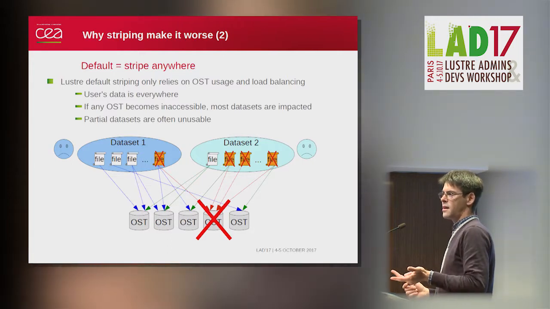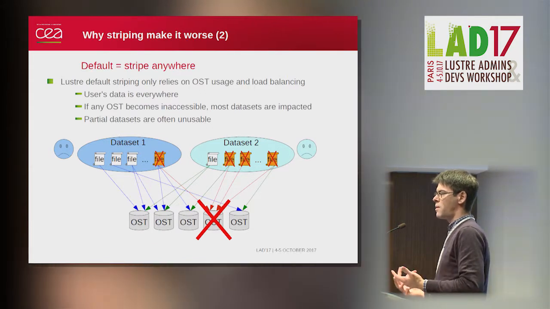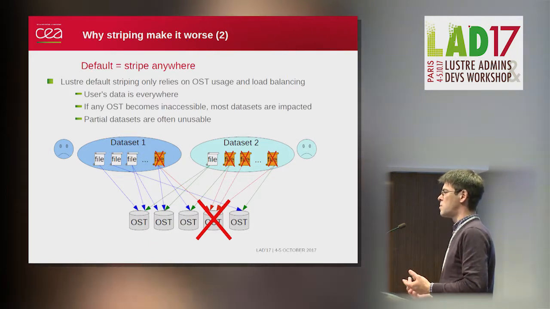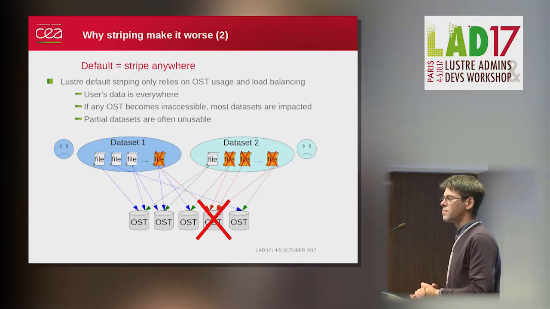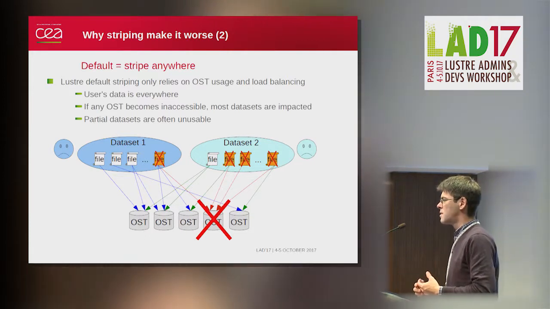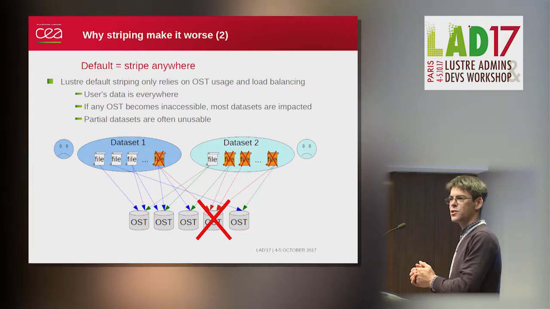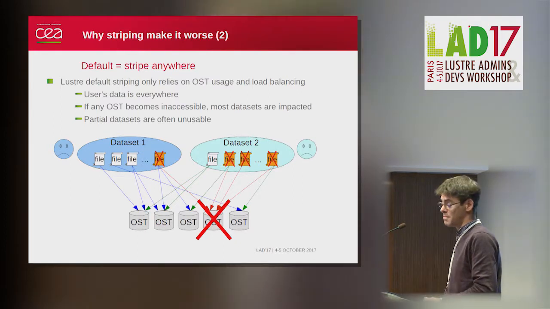And at the end, every user, every computation is impacted by such a failure because often a partial data set is not usable. If somebody computes, I don't know, a climate simulation, if it misses one country, he can't resume his simulation.